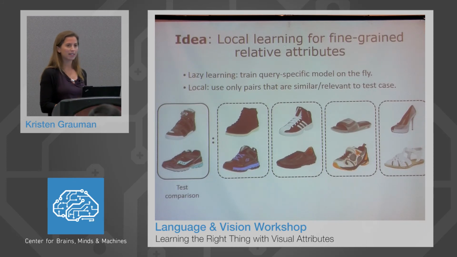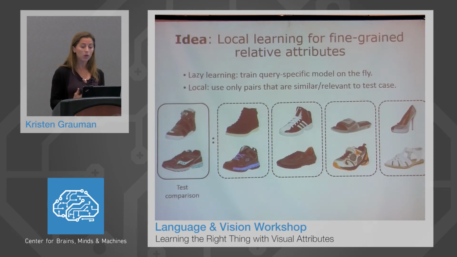Okay, so here's the idea to help us learn fine-grained models for relative attributes. We're going to take a lazy local learning approach. So lazy just means that we'll delay training effort until we actually have a test case in hand, and we'll tailor the model to that test case. So we're going to train a model on the fly as a function of what we actually see as the test case.